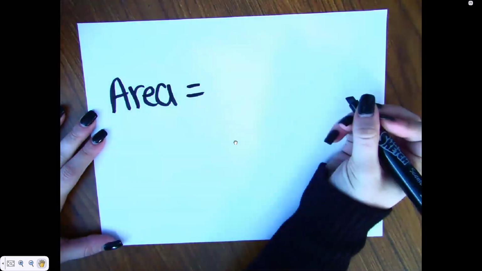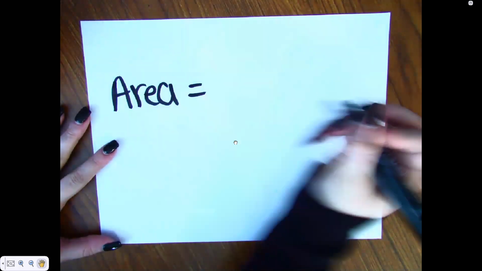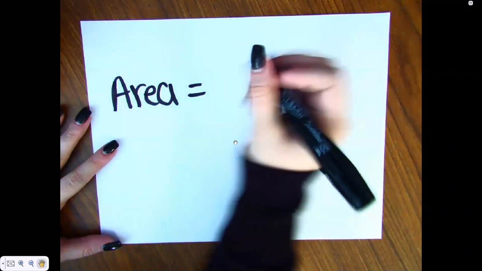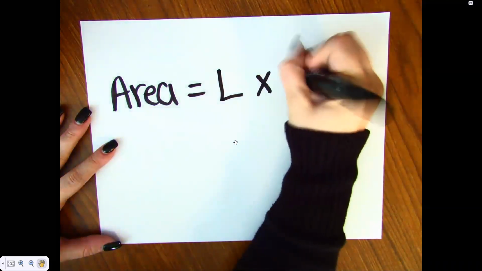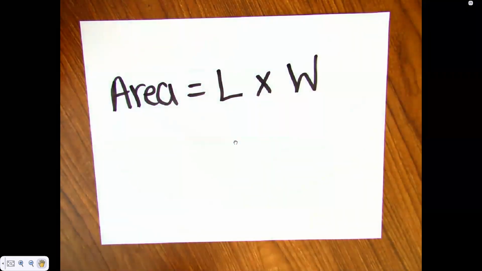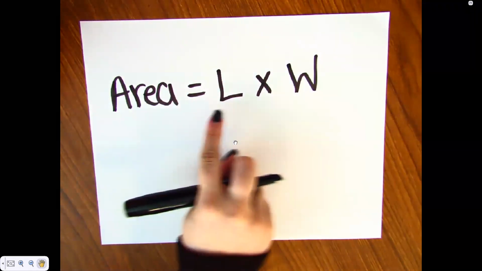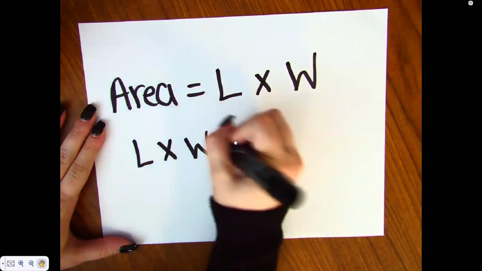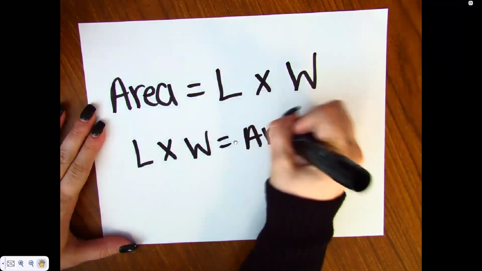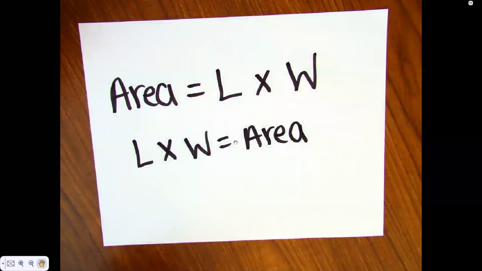Multiply. Length times width, good. Length times width equals area, or area equals length times width. Okay, so this is the equation you're going to use.